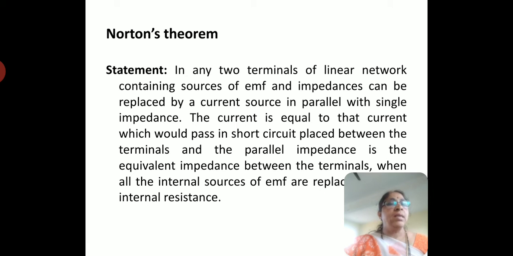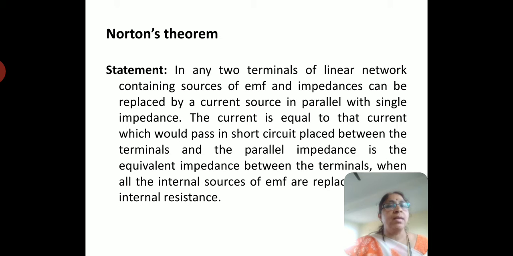The current is equal to that current which would pass in a short circuit placed between the terminals, and the parallel impedance is the equivalent impedance between the terminals when all the internal sources of EMF are replaced by their internal resistance. That is, a complex circuit can be reduced into a Norton's current and Norton's resistance.